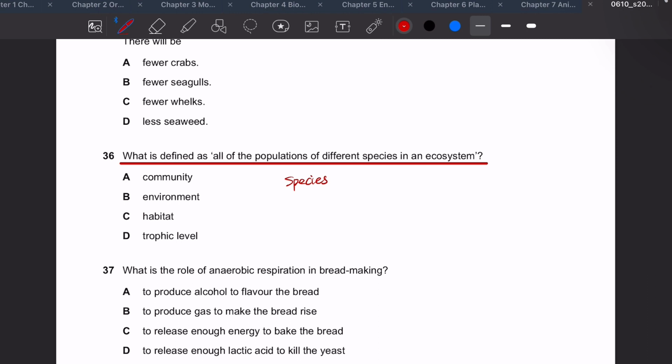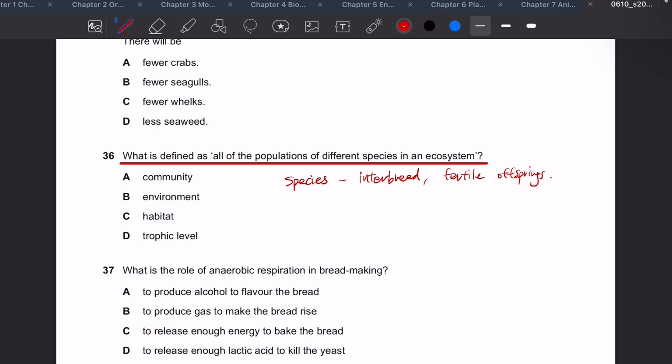So species is a group of organisms that have similar characteristics, and they can interbreed and give birth to fertile offspring.